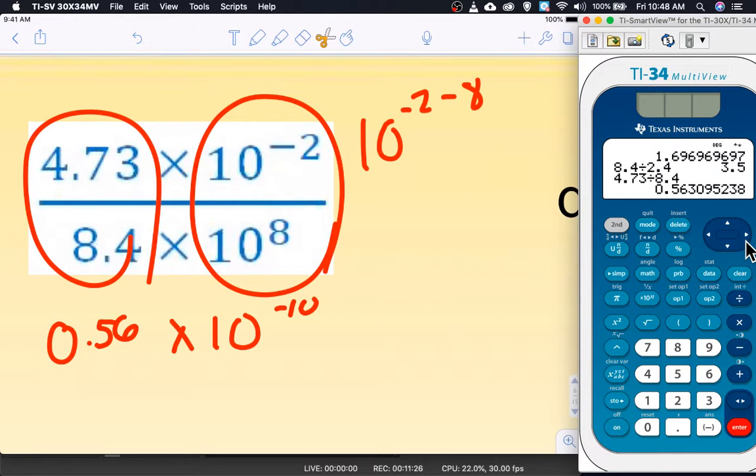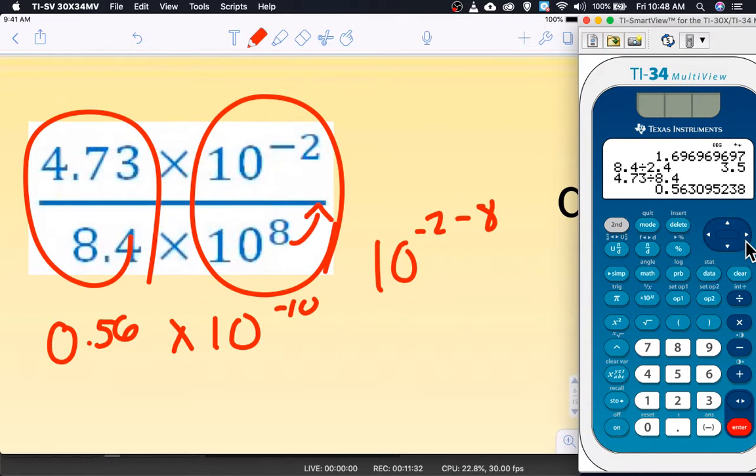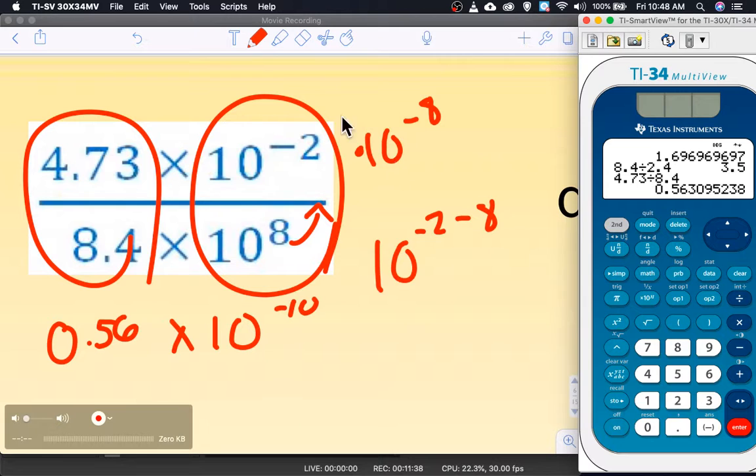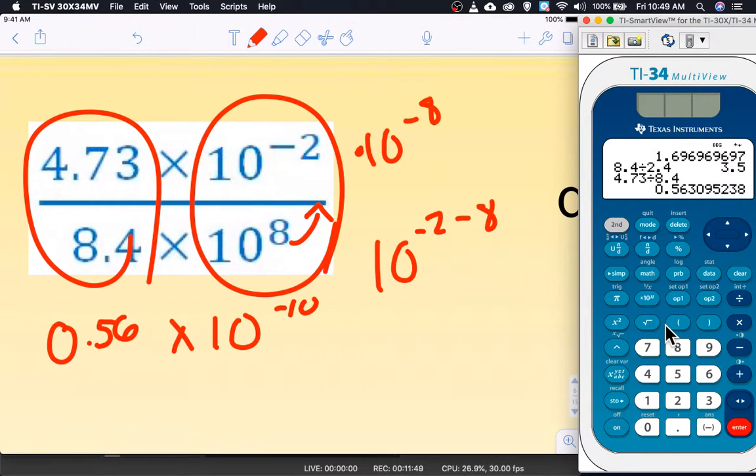The other way is you could move this piece up top. It would become a 10 to the negative 8th up top. Then you combine your exponents together. When you multiply powers together, you add the exponents. So negative 2 plus negative 8 is still negative 10. Both of those methods work well for us.